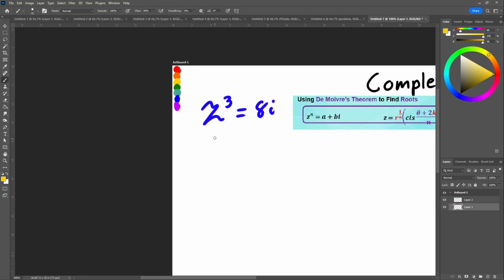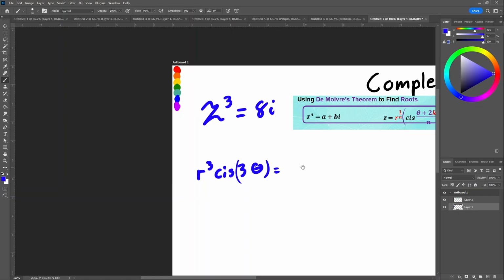So if we take this, we would convert z to the 3rd into some equation that we can use to apply and find. z to the 3rd is equal to r cubed cis 3 theta, because we can just convert that into its polar form to make it easier for us to find.